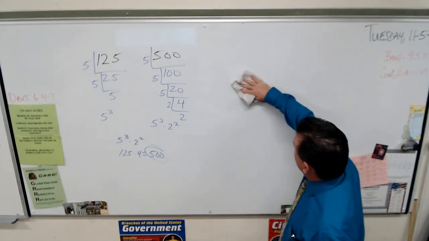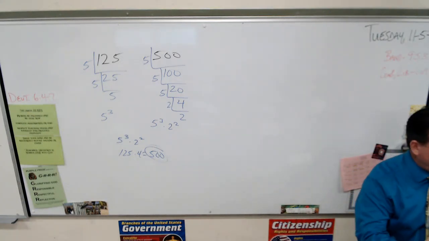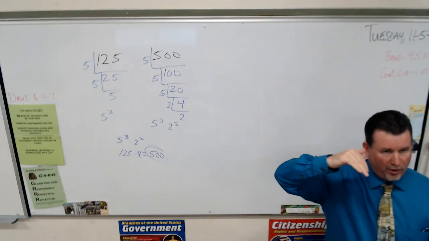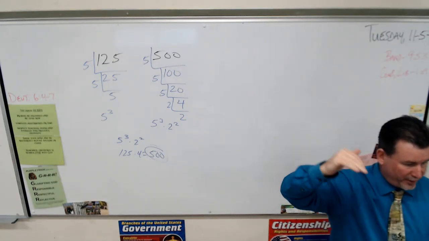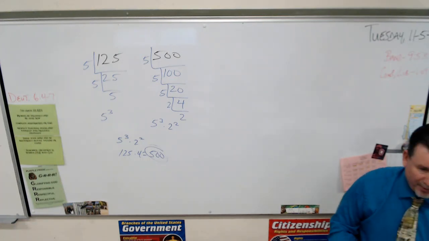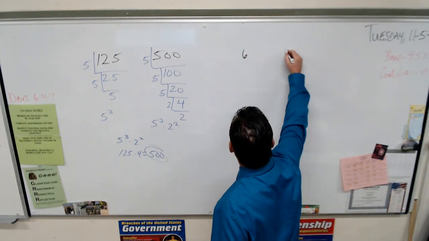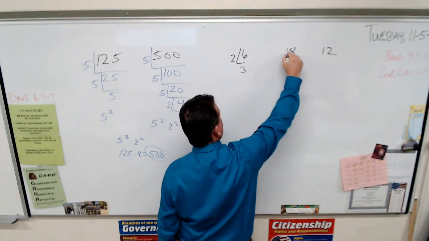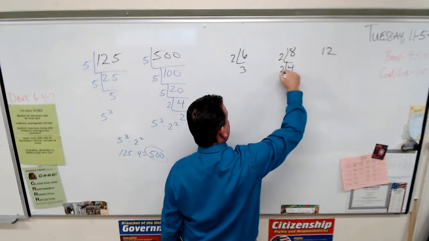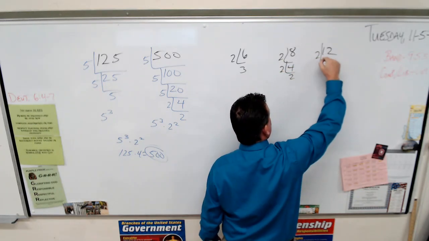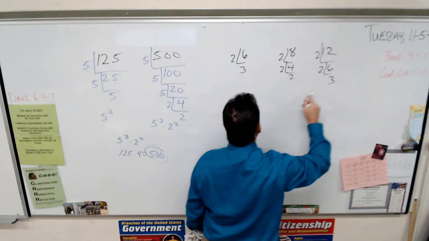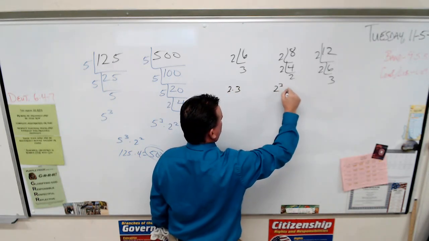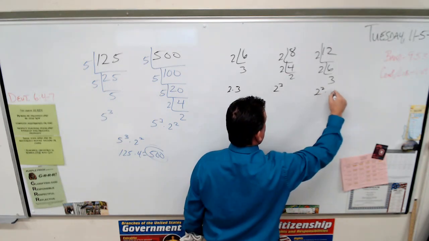In my mind's eye, I've got 6, 8, and 12 being 24. Anybody with me? The least common multiple for those three is 24. 6 goes into 24, 8 goes into 24, 12 goes into 24. Well, let's check it by using prime factorization. 6, 8, and 12: I've got 2 times 3, 2 cubed, and 2 squared times 3.